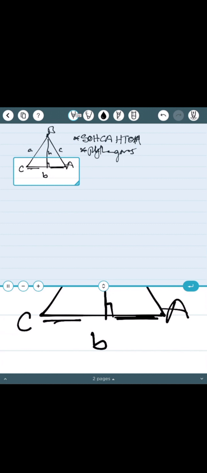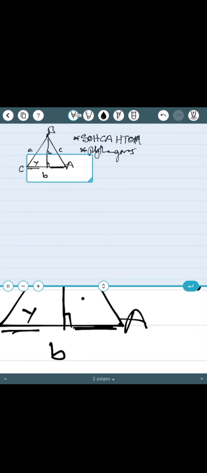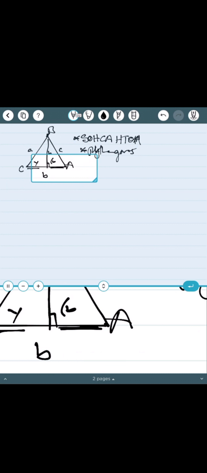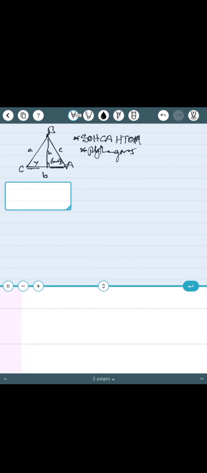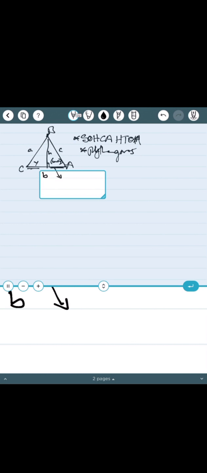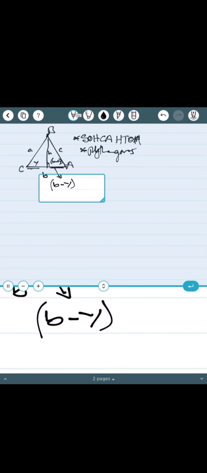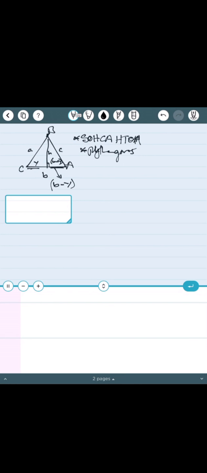So we are going to name this side Y. At the moment we name that one Y, this one becomes B minus Y, since we know the other side being that. Now applying what we have here in Pythagoras Theorem, let's start with the first triangle.